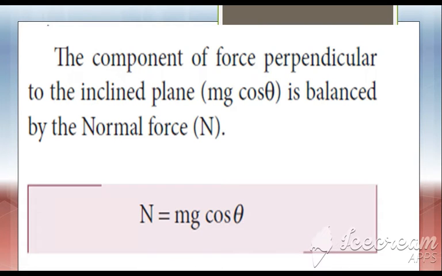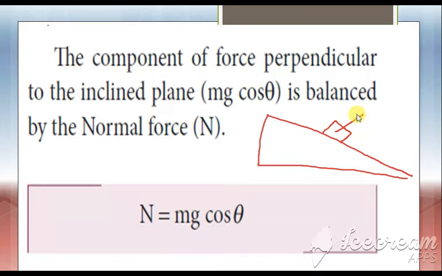As I have told you, we compare the x and y axes for the diagram. So this is the diagram, and here the object is placed. Whenever you place an object, it has a normal force acting upward, and downward it has a gravitational force, denoted by mg.